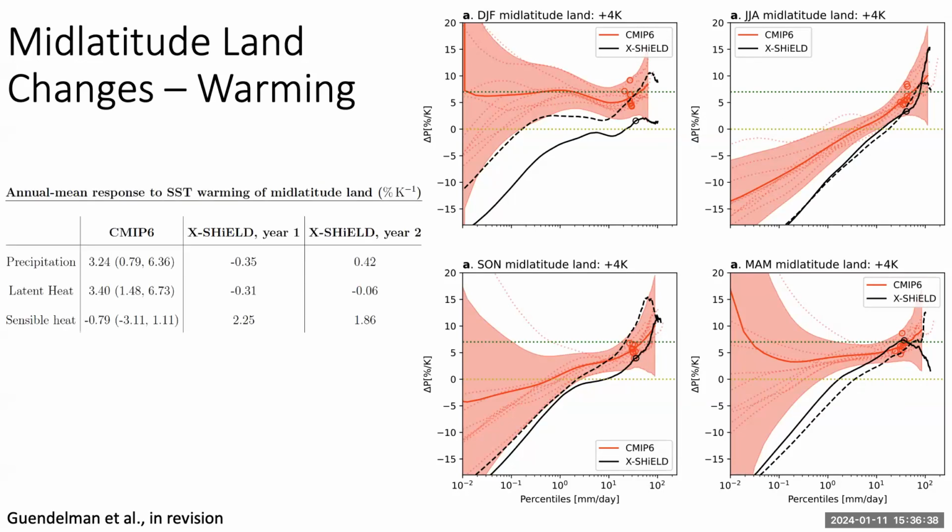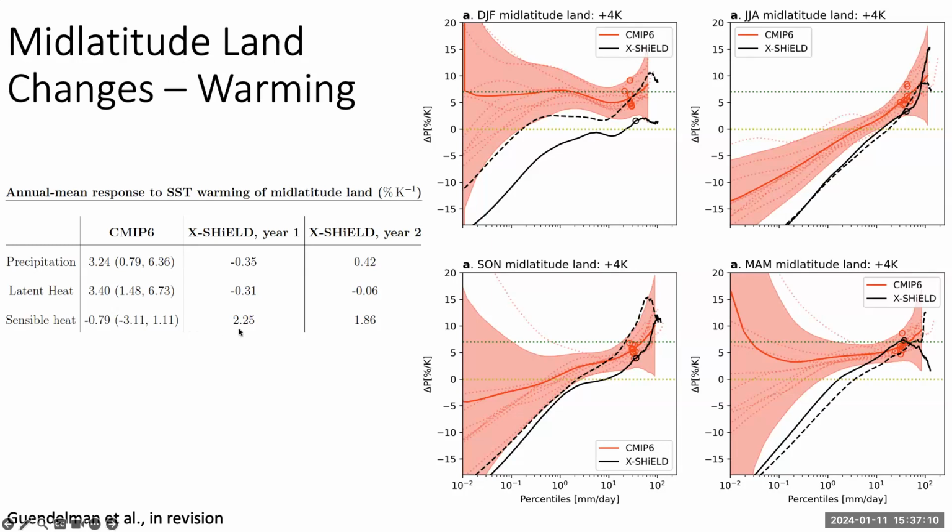Interestingly enough, if we look at the annual mean response, not only of the precipitation, but other surface fluxes, we can see, and again, this is the mean, and these are the spread of responses within the years. We can see that the surface fluxes are outside the range for both the latent heat response and the sensible heat flux.